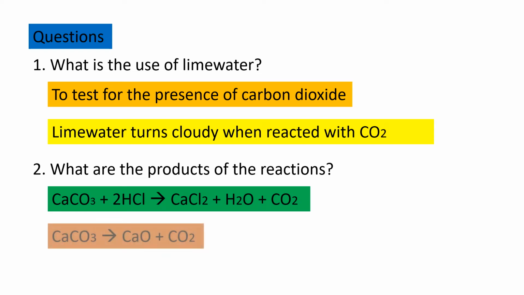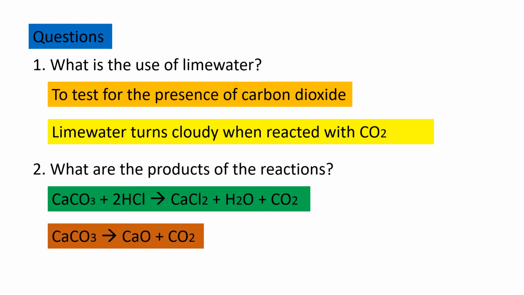So what are the products of the reactions? Calcium carbonate reacts with hydrochloric acid and produces calcium chloride. Hydrochloric acid has a hydrogen ion and a chloride ion. Calcium carbonate has the carbonate ion, CO3, which is actually 2 minus, and calcium.